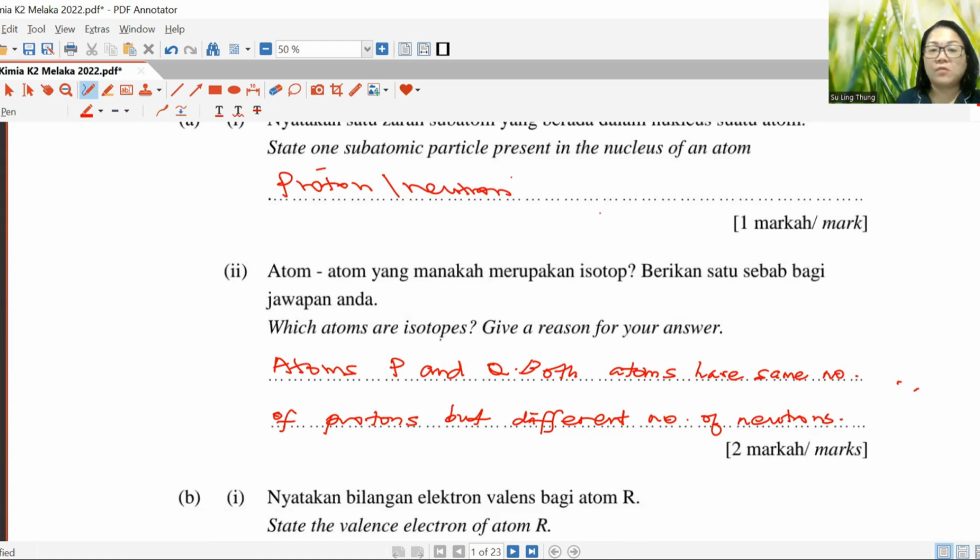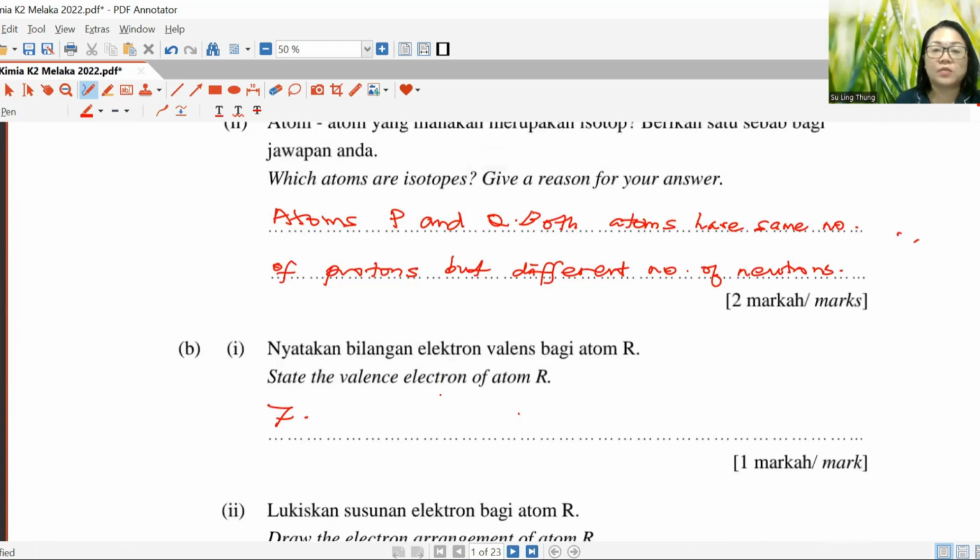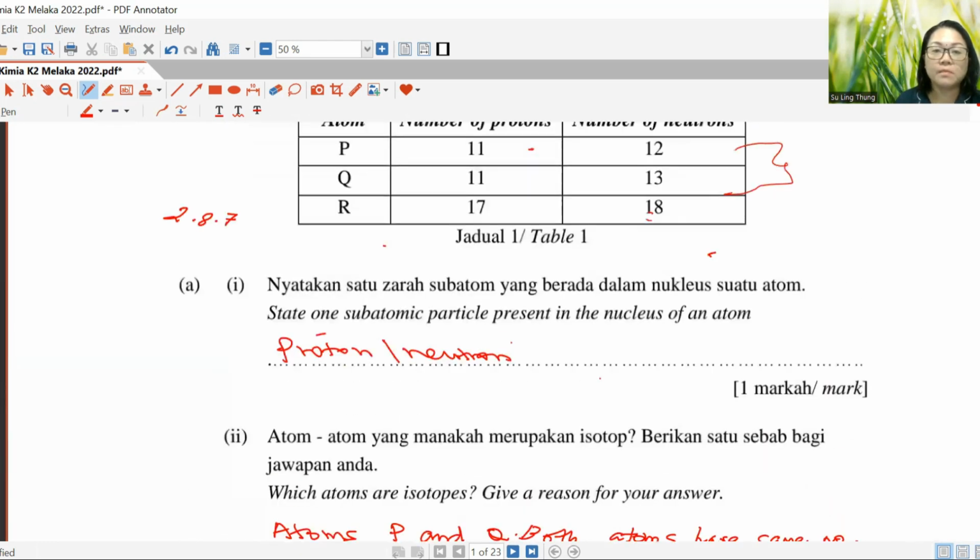If you fail to mention the first part, the same number of protons, you will not get your second mark. You have to mention the same number of protons and the different number of neutrons as one set of marks.